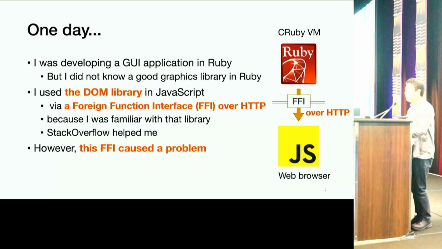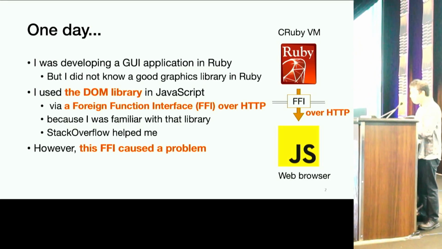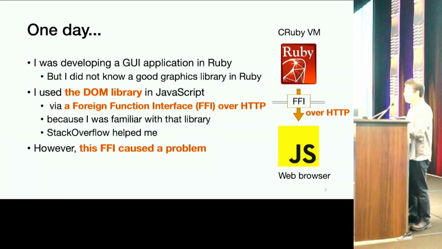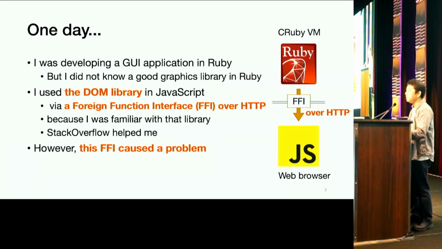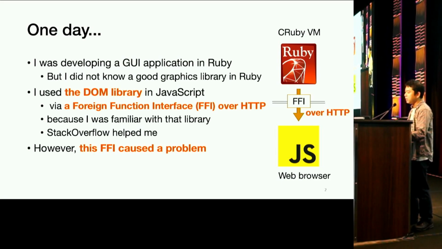So my program running on the Ruby VM accessed the JavaScript library running on a web browser. Because I was familiar with the DOM library, and I also hoped Stack Overflow would help me. However, this FFI from Ruby to JavaScript caused a problem.